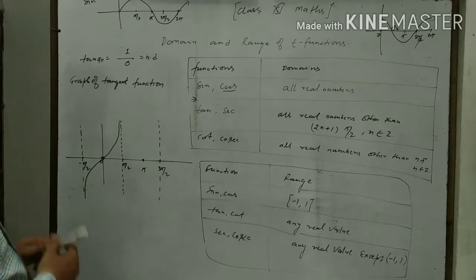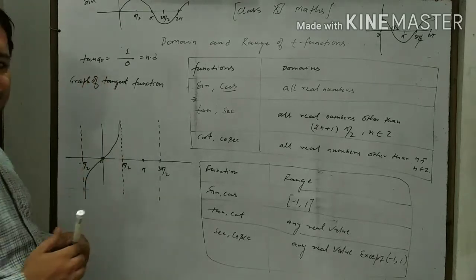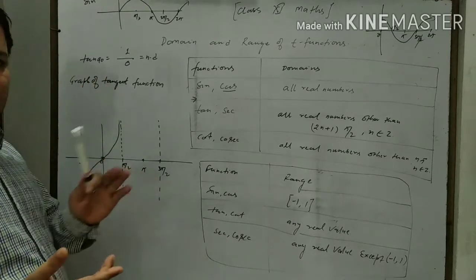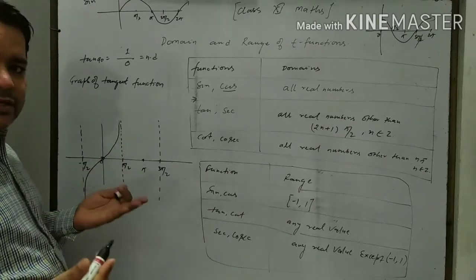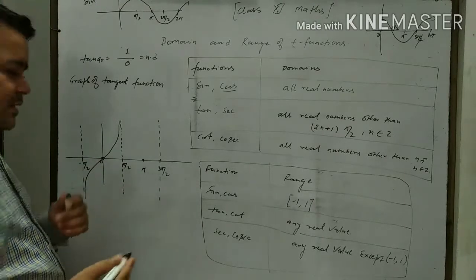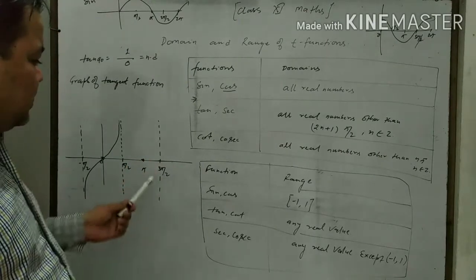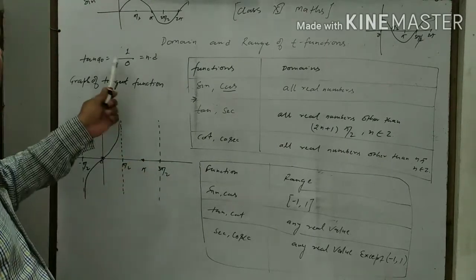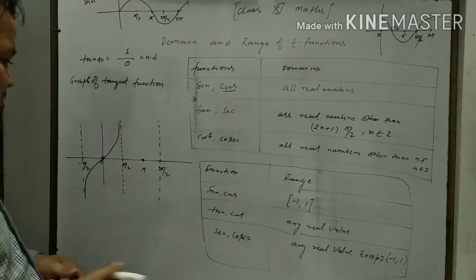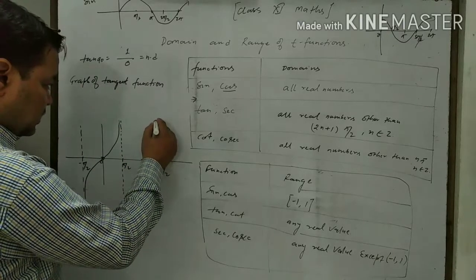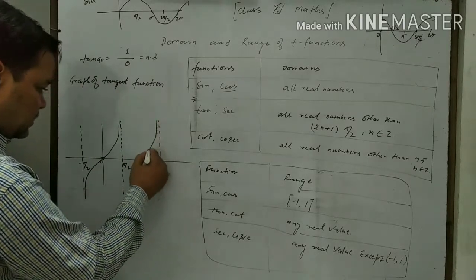Similarly, if we take tan pi, then sin pi upon cos pi, and sin pi is 0 and cos pi is minus 1, again its value will be 0 here. Again at 3 pi by 2, the value of tan will be not defined. Again the shape of the graph will be like this here.